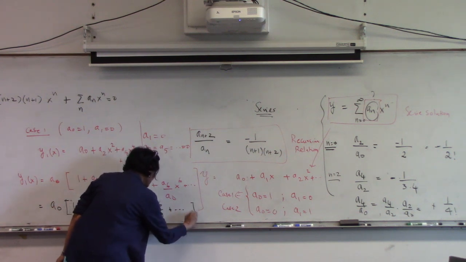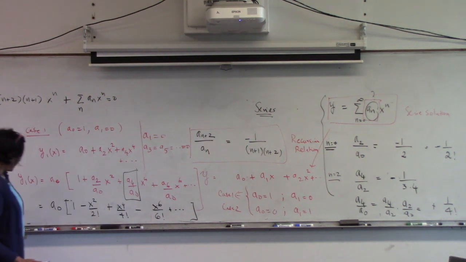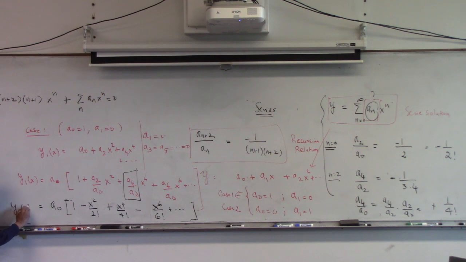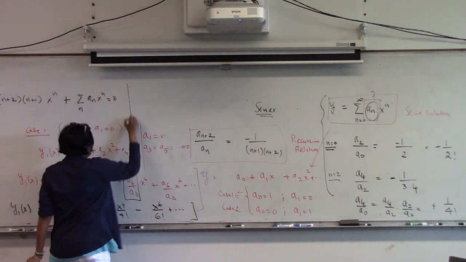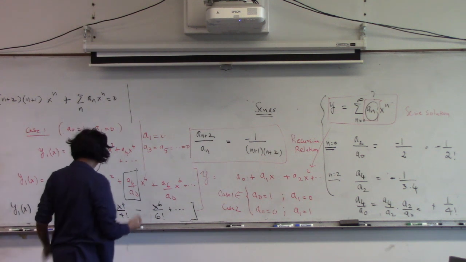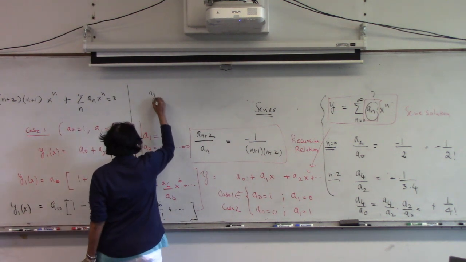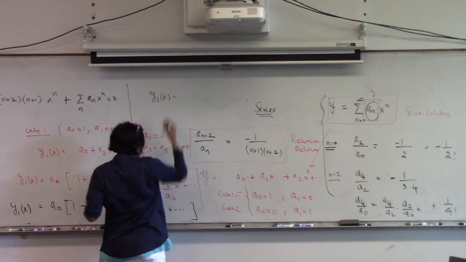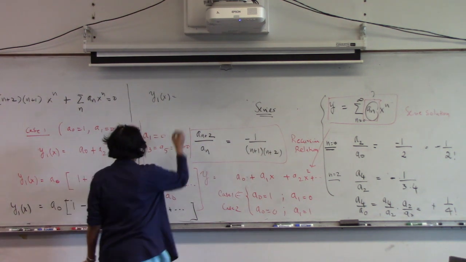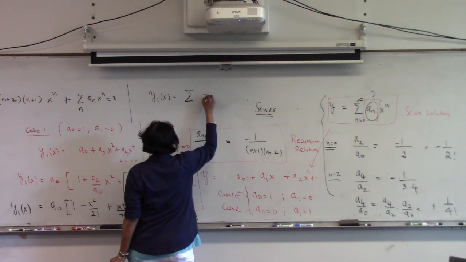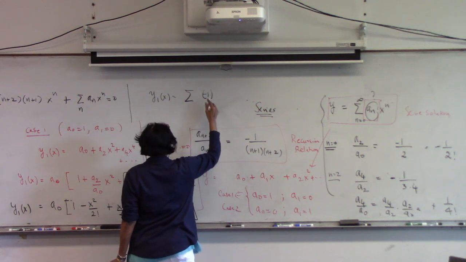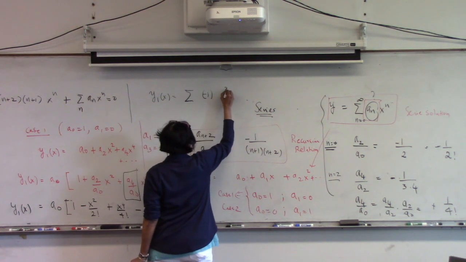Okay, it's an alternating series, and it is even in x. So that's an infinite series, and if you can guess this in a closed form, that would be great. In some cases you may not be able to, but it's a series solution after all, so you can leave it in series form too, right? Minus 1 to the power, yes, you have to tell me what I should write, x to the power 2n.